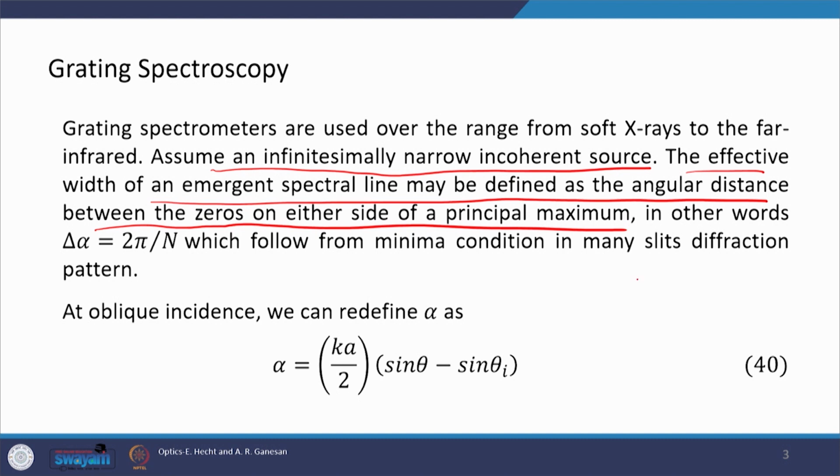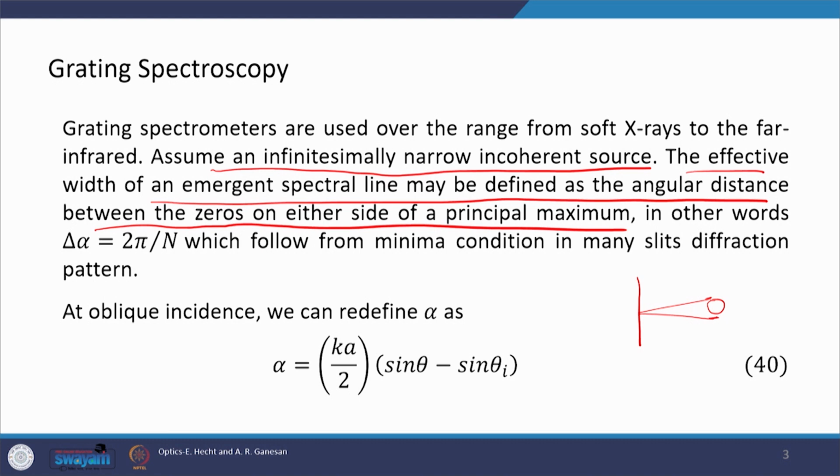Since the source is infinitesimally thin, it will create a pattern with some central maximum here. And if we want to calculate the width of this principal maximum, then we will have to calculate the angular positions of the first minima on either side of the principal maxima.